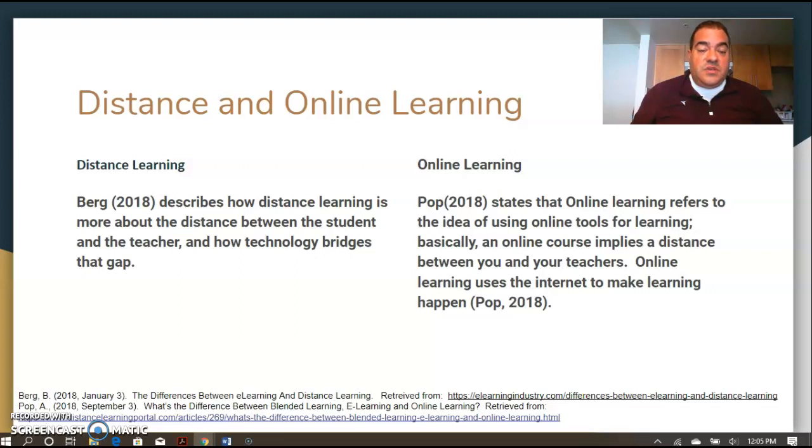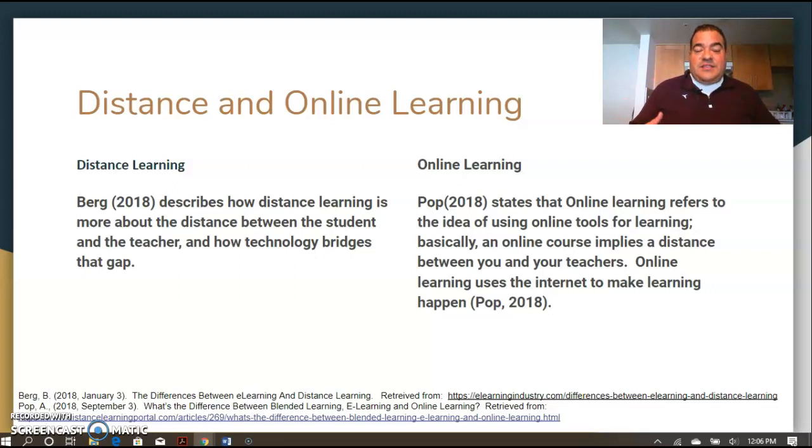Maybe they're using their phone, a Google Chromebook, or maybe they're even using a tablet of some sort to access a Khan Academy video. Well, they're doing it in class, right? Maybe you're having them break up into small groups and they're looking at a Khan Academy video. That's online, but is it distance?